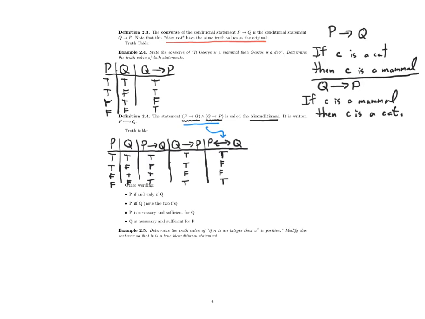And let me give you an example of a statement where, let's do one first where the original statement is true but the converse isn't. Then let's modify it to make it something where the biconditional is true. So here's my example.